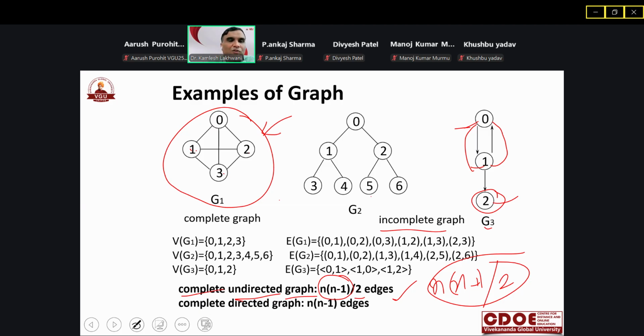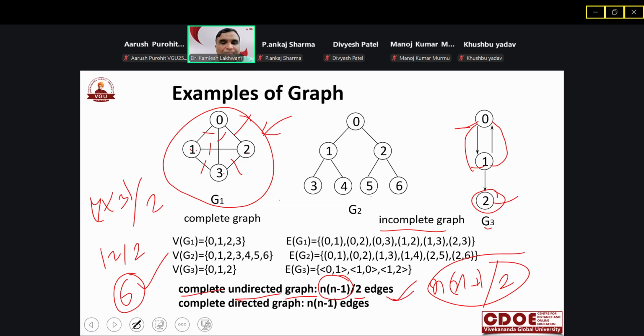So 4 into 3 divided by 2. So you can say 12 divided by 2. You can say a total of 6 edges are there. Now just count 1, 2, 3, 4, 5, and 6. Total 6 edges. So we can calculate the number of edges with the help of this formula when we know the number of nodes in a complete graph.